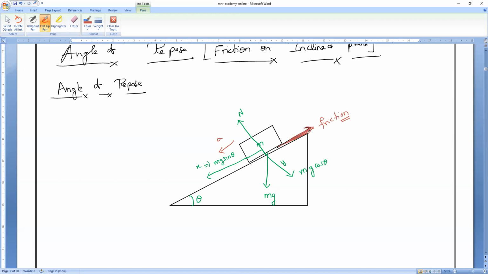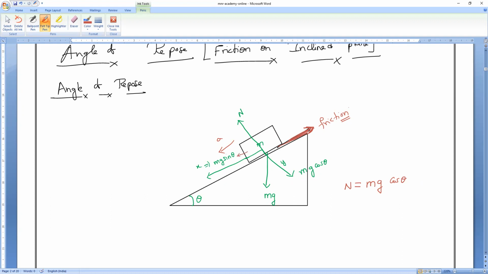Now observe very carefully. From this I can say the normal reaction N is equal to mg cos theta. Now I want to make this object not slide over this surface.